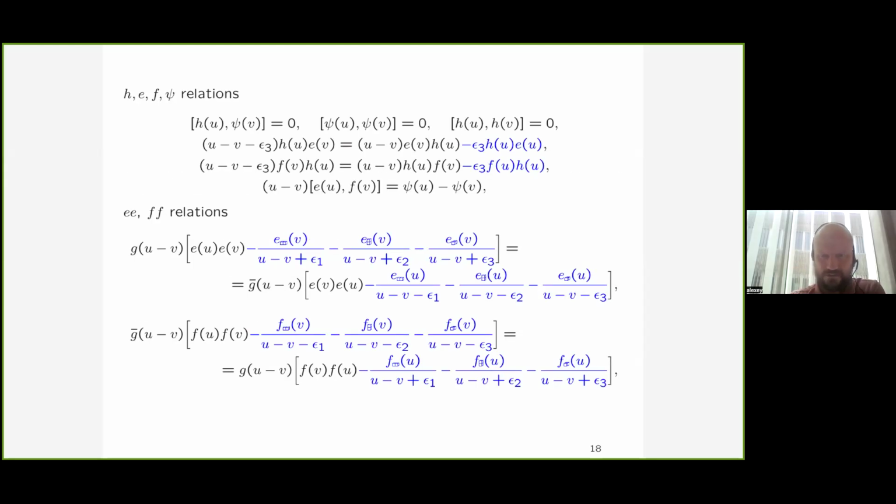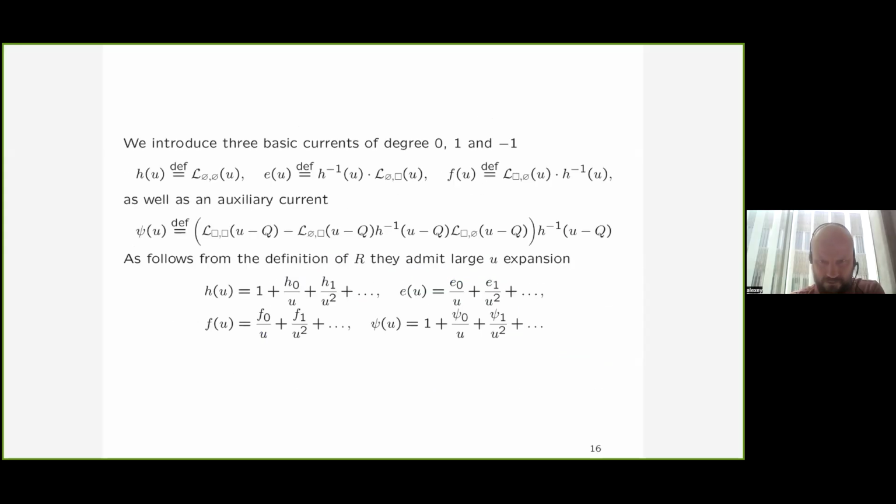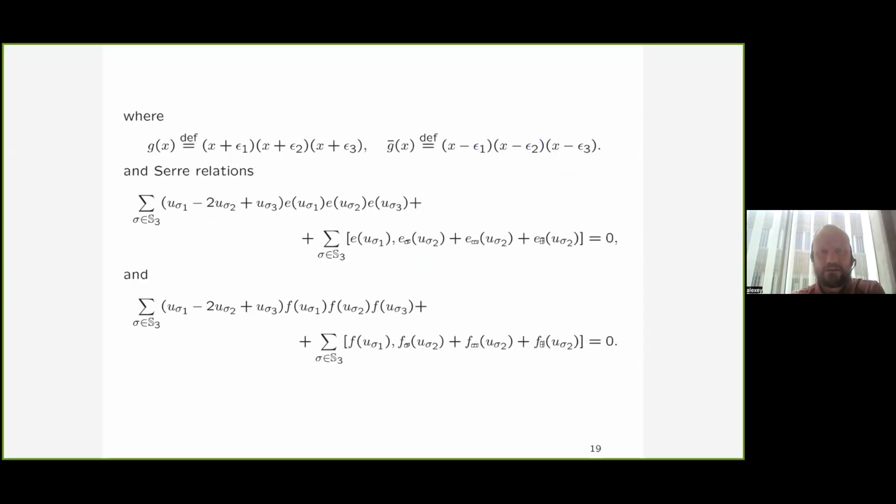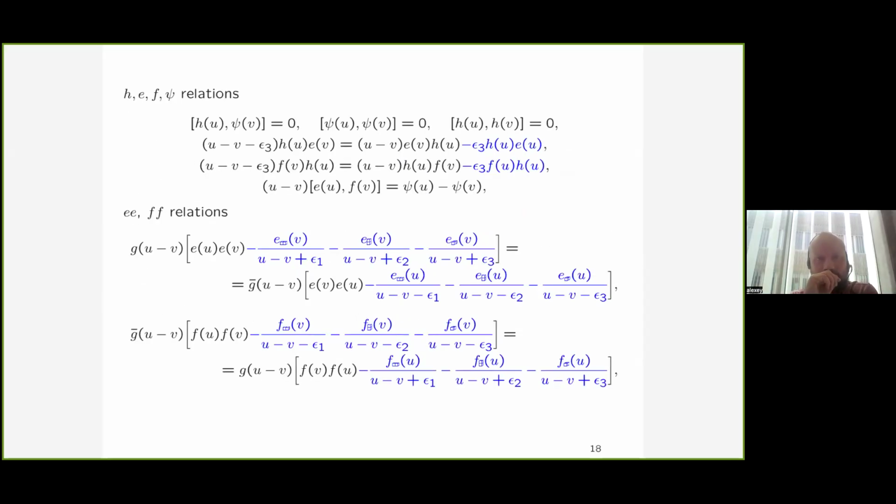sorry, I have to say something about my notation. It's not here. Yeah, okay, I will say it in words. So then, just using the RTT relations, you can compute the relations of these currents. I already said that, so epsilons here are Nekrasov notations.